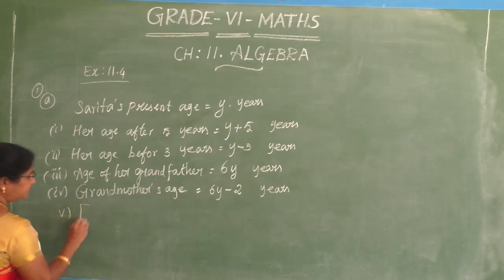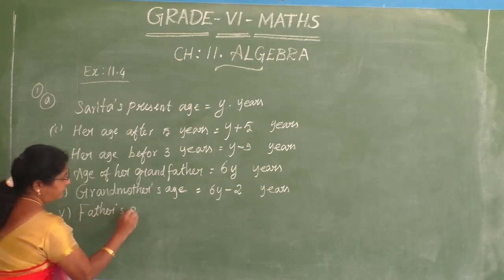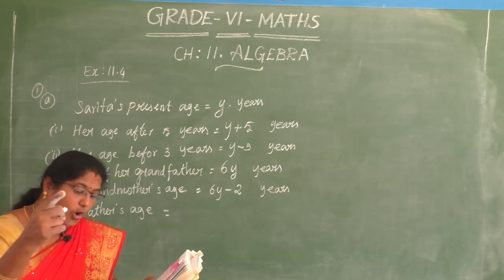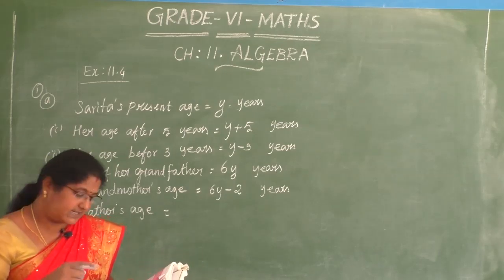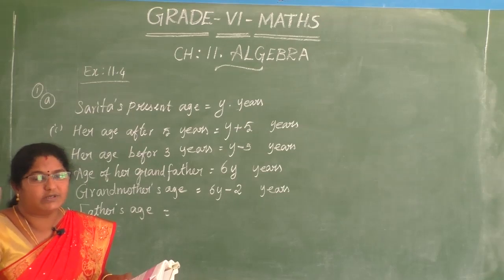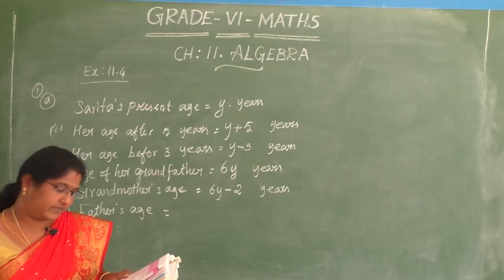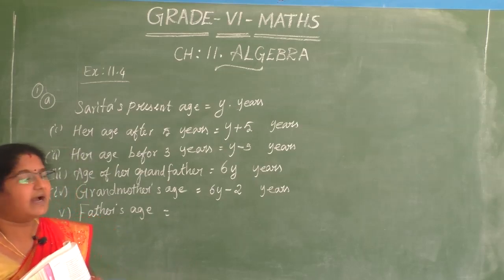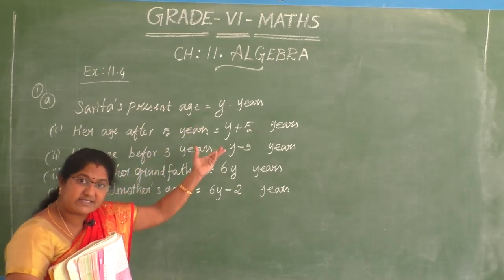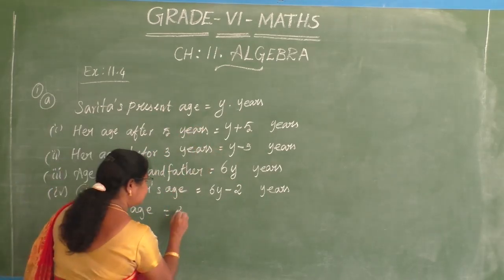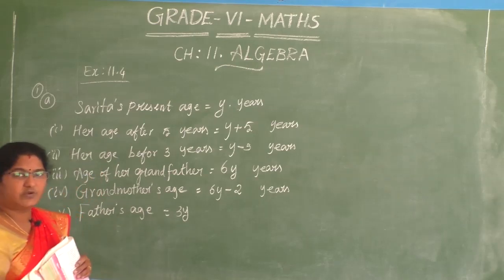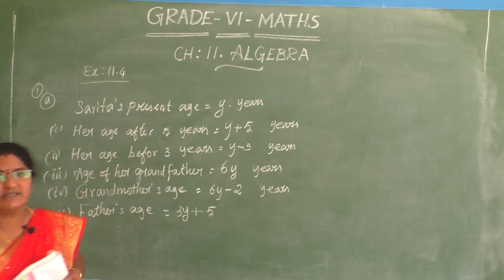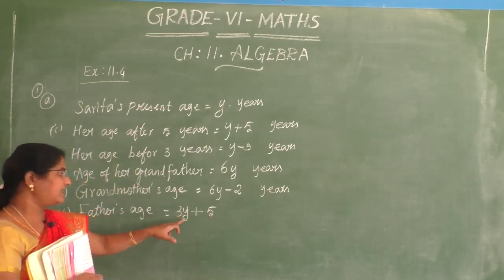So father's age is equal to, what is given? 5 years more than 3 times Sarita's age. 5 years more than means added. Sarita's age is y, 3 times is 3y. More than 3y, add 5 years. So 5 plus 3y.